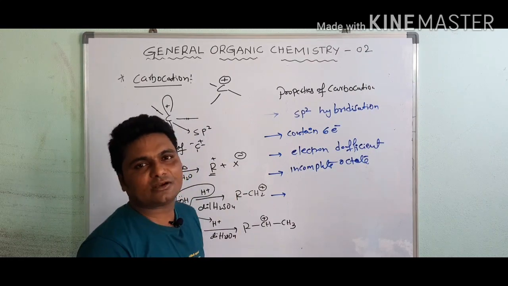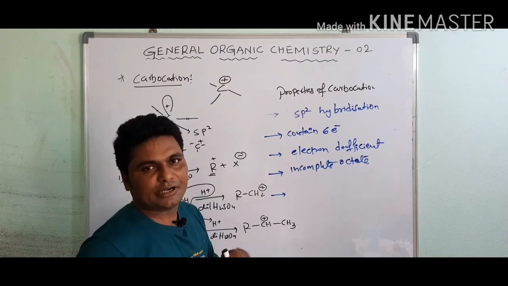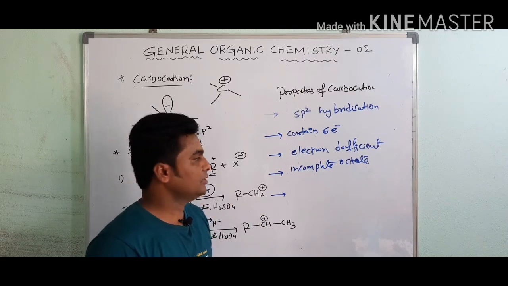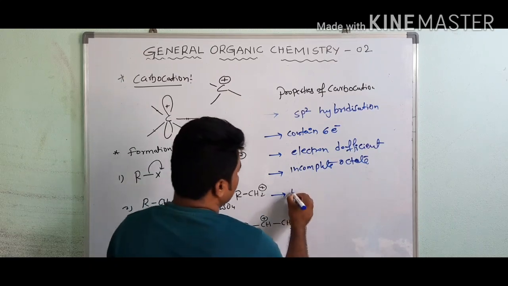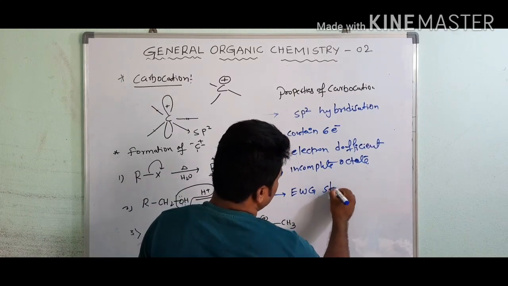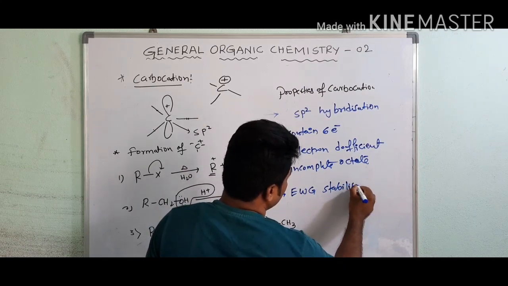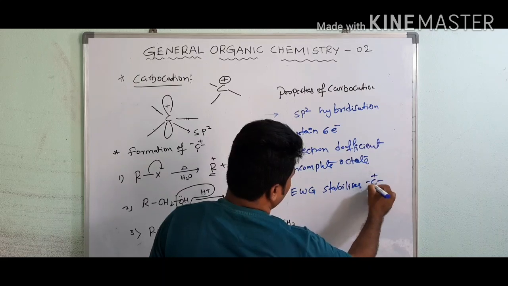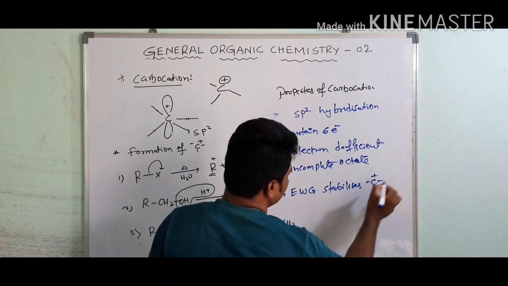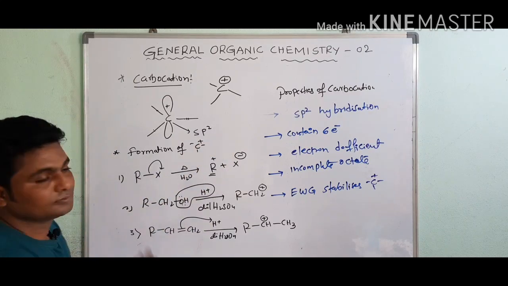Because it is already electron deficient and somebody is pulling the electron density from the carbocation. It means it becomes highly unstable. So here, electron donating groups stabilize carbocation. So these are the properties. Write down.